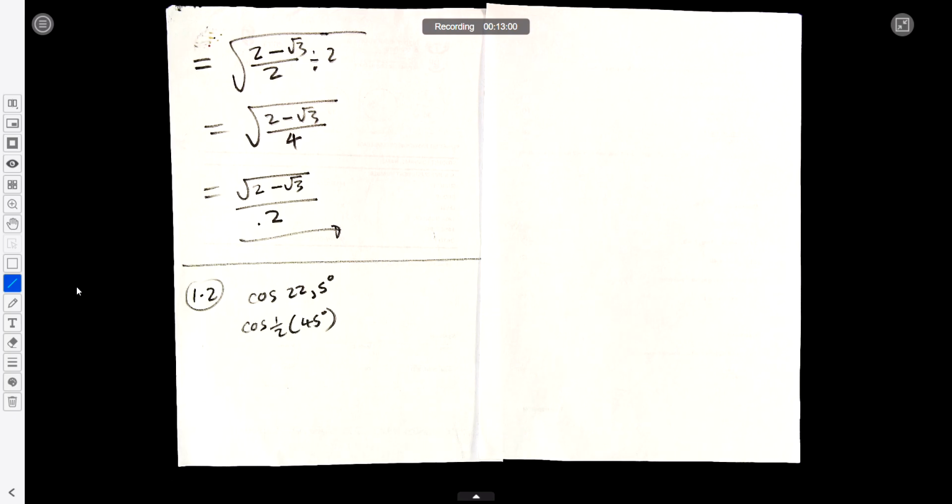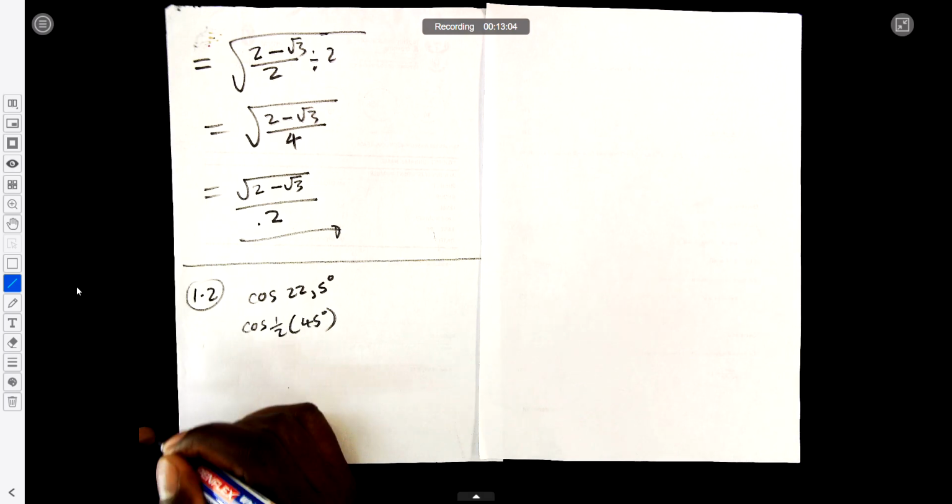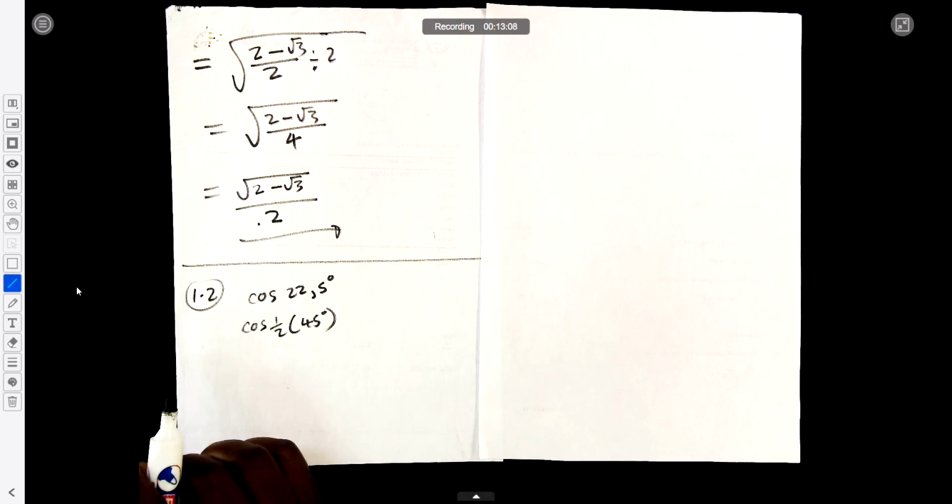But that's the special angle. Sometimes you can even express it using the calculator: you can just punch 22.5 in the calculator and it will say 45 over 2.